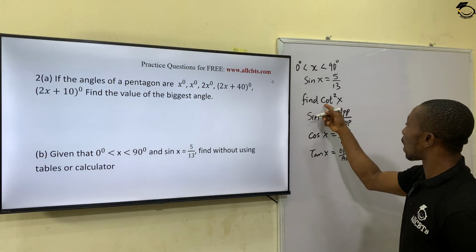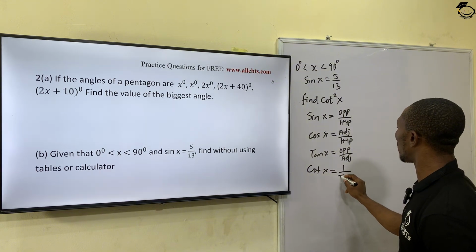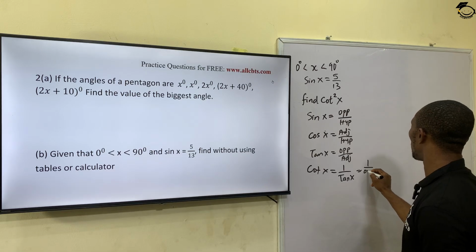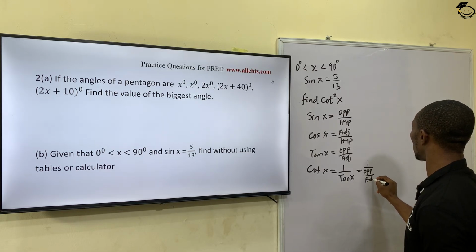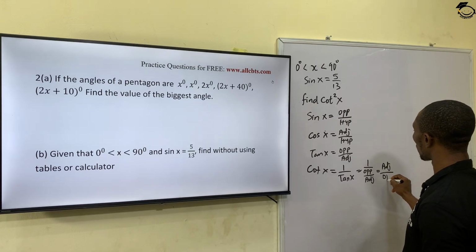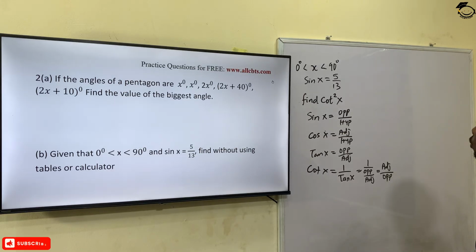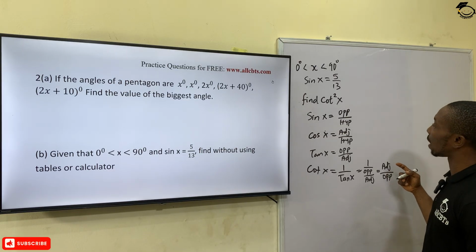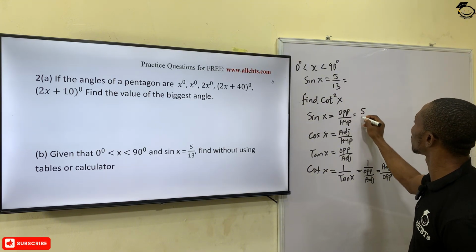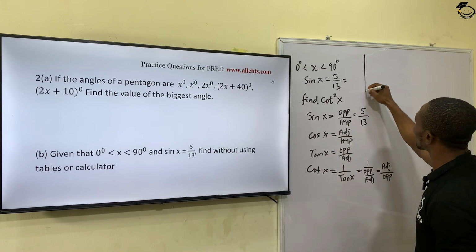Now, cot x is the inverse of tan x, which is 1 over opposite over adjacent, which when reversed gives us adjacent over opposite. That is our cot x. So now we need to find what our adjacent is, knowing that 5 is our opposite and 13 is our hypotenuse.